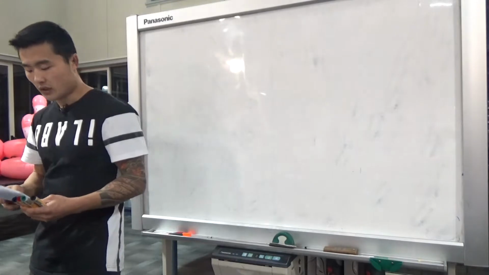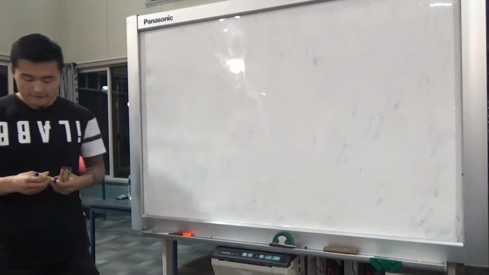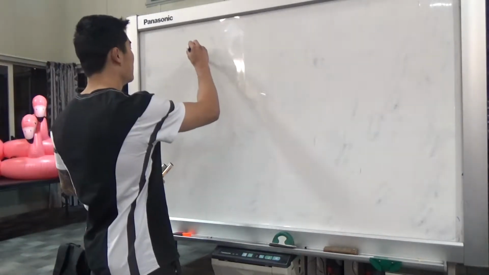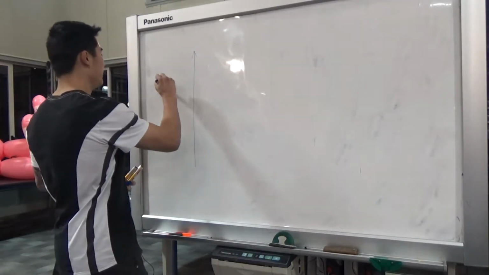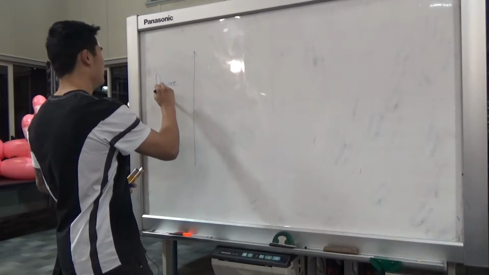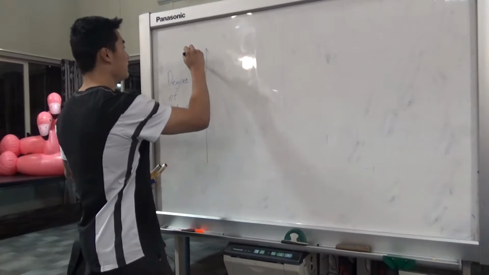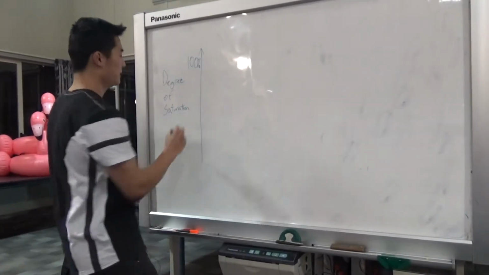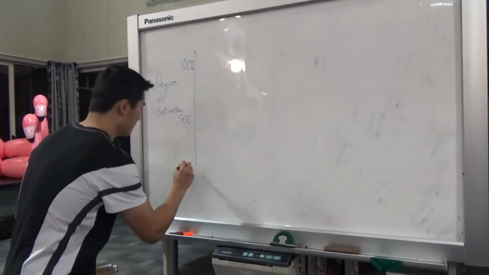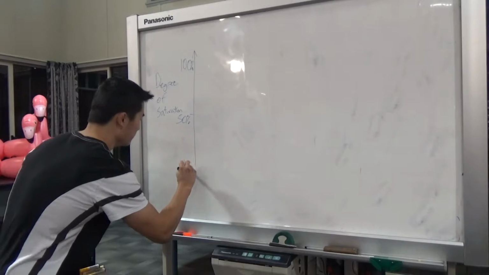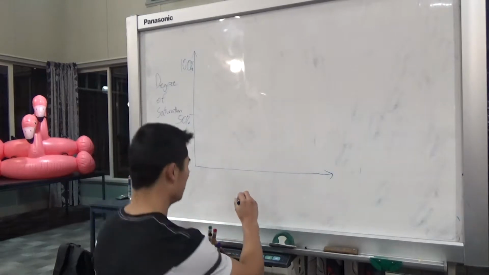Okay, so if you were to draw the oxygen dissociation curve for myoglobin on the y-axis, you would have the degree of saturation. Okay, so at the top you'd have 100%, and then this would be 50%, and then at the bottom you'd have 0%, and then on the x-axis you'd have the partial pressure of oxygen.